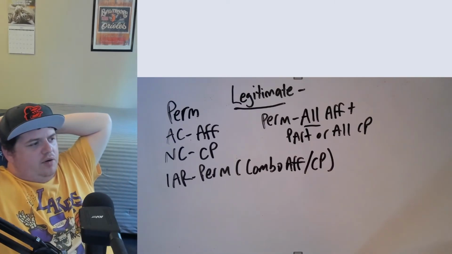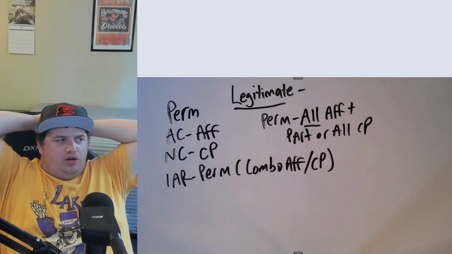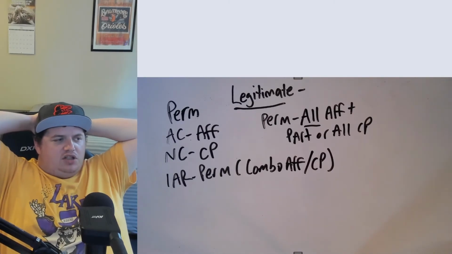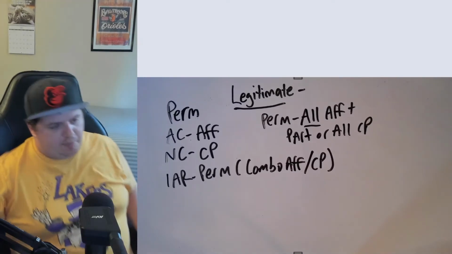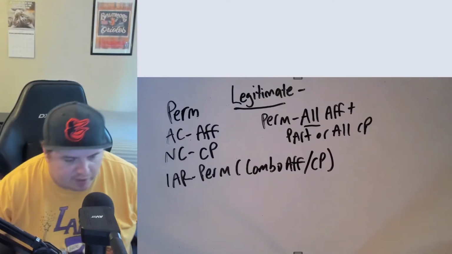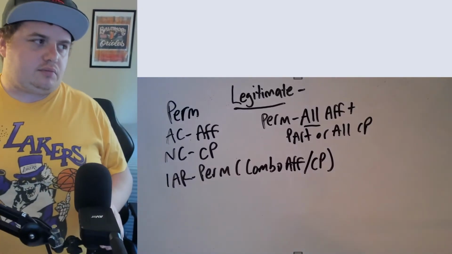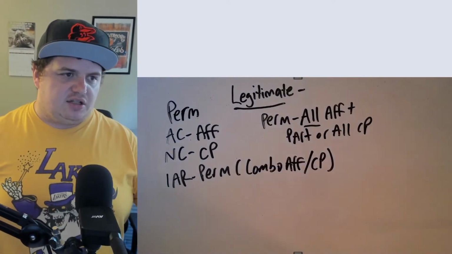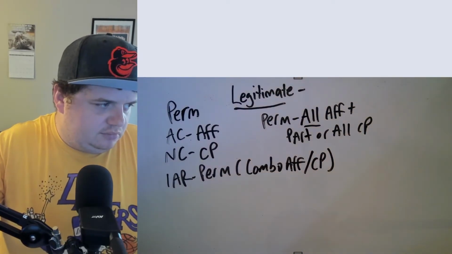Do you think it would be fair for me to answer that counterplan by saying, perm, I agree, I should go to 49 states? What's the problem with that permutation? You're conceding the neg is correct? What am I conceding is correct? That the neg's counterplan is better than the AF.